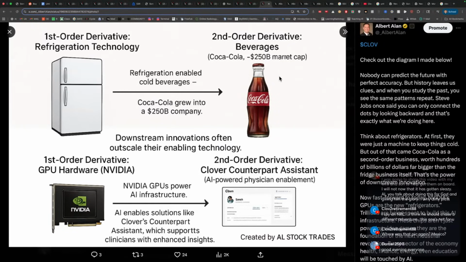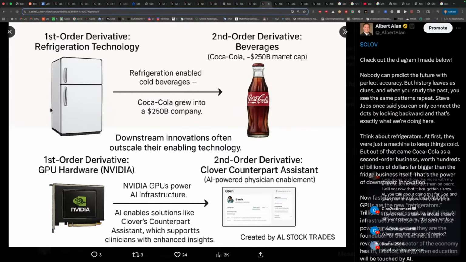Coca-Cola has a market cap at around $250 billion. It's about 280 now. I had AI make this, hence the typing error here, but I think it did a pretty good job to teach the point. I just didn't have time to make all this, so I told AI to help me, because I really wanted to teach the concept, right?